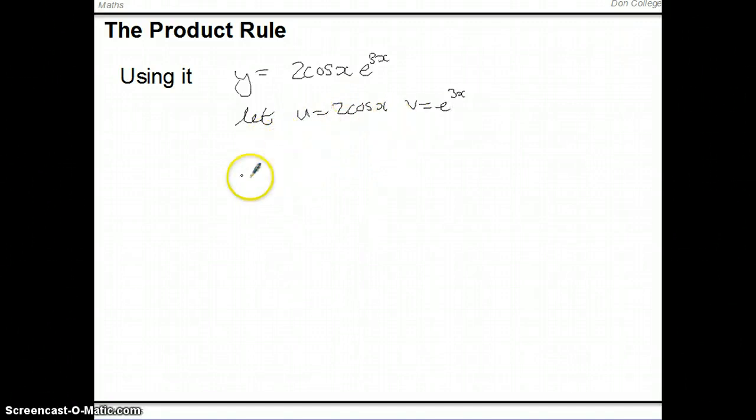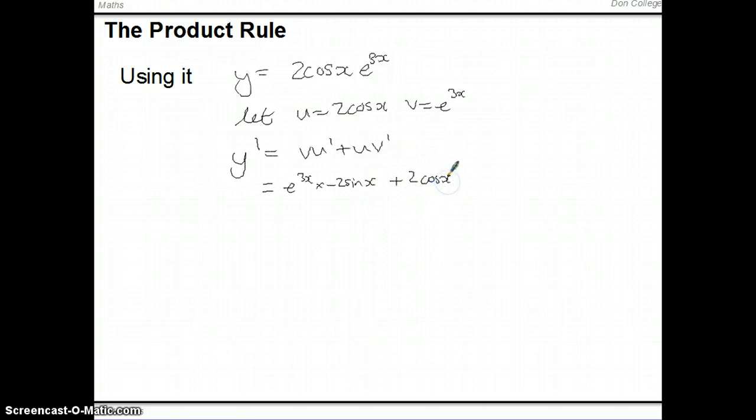So I've got two functions there, and then y dash or dy dx is vuv, which is v, e to the 3x, times u dash. 2 cos x is going to differentiate to give us negative 2 sine x, and then that is plus u, which is 2 cos x, times v dash, which is 3e to the 3x.